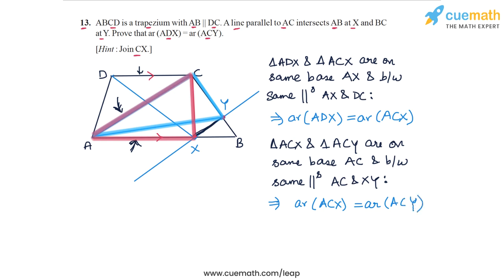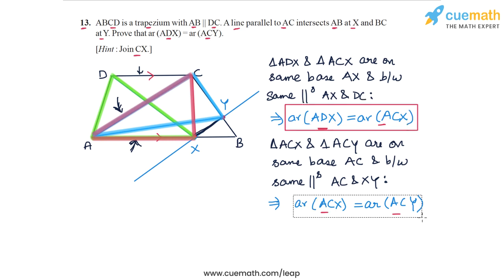So we have the area of ADX is the same as the area of ACX, and the area of ACX is the same as the area of ACY. From these two observations, ADX and ACX have equal areas, and ACX and ACY have equal areas. From these two observations, we can now conclude that area of ADX is the same as the area of ACY.